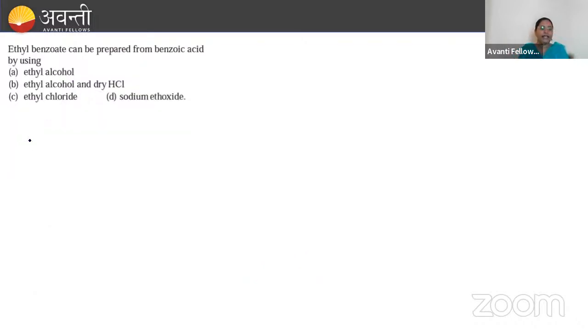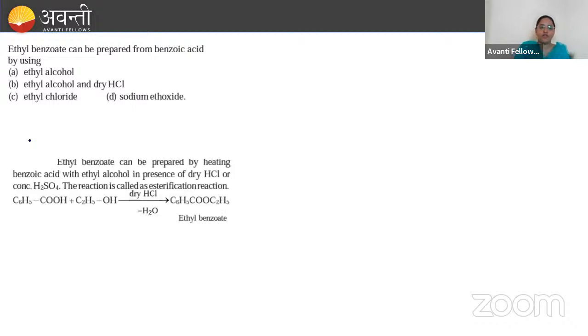Next reaction. Ethyl benzoate can be prepared from benzoic acid by using... So here we need to prepare ethyl benzoate. Ethyl alcohol and dry HCl, the options are given. So what is the formula for ethyl benzoate? See here, the formula for ethyl benzoate is this one. So the ethyl and benzoate group is like this.